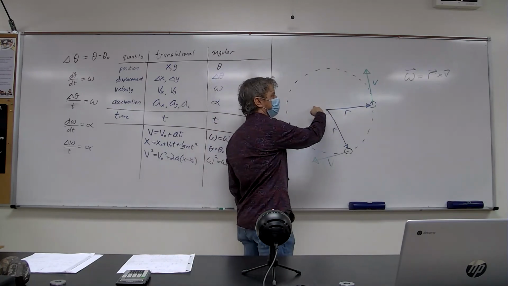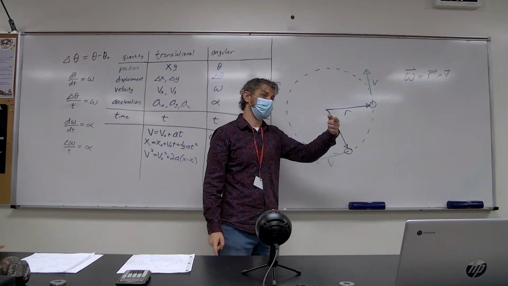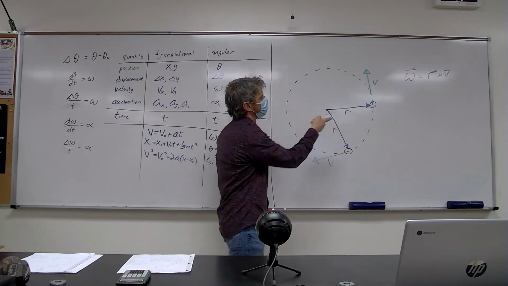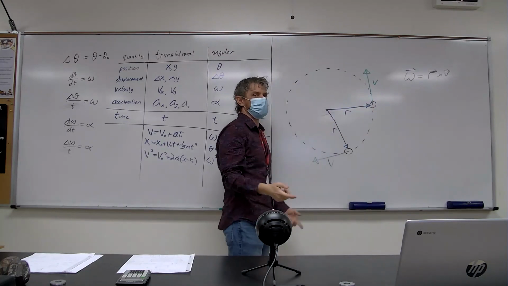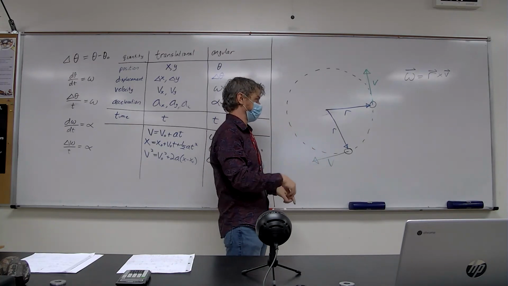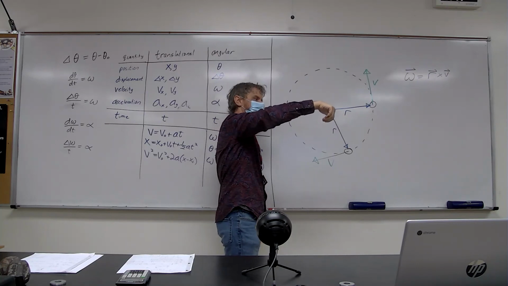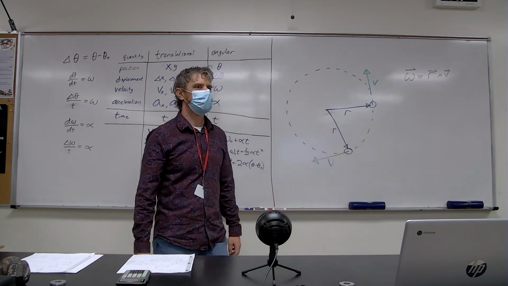Instead of into the board, like this guy's angular velocity vector would point, this guy's angular velocity vector should point out of the board. And no, this guy's points out of the board. This guy should point in the board because it's going in the opposite direction. It's moving in a circle in the opposite direction. So fingers in the direction of r, curl in the direction of v. My thumb is now pointing into the board. So your thumb has to be like straight out. Yeah, yeah.